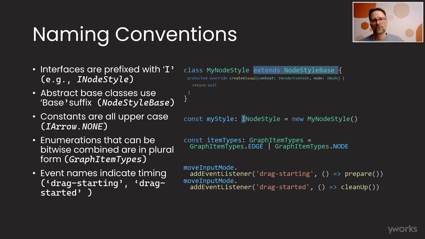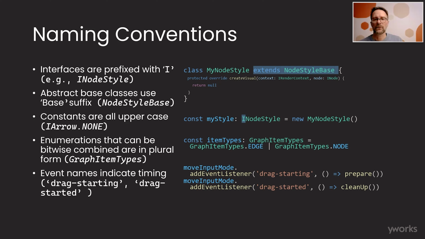yFiles is very consistent regarding its naming. I told you about the I prefix for all the interface names already. So if you have a node style, it implements the INodeStyle interface, and typically concrete classes don't have the leading I anymore.